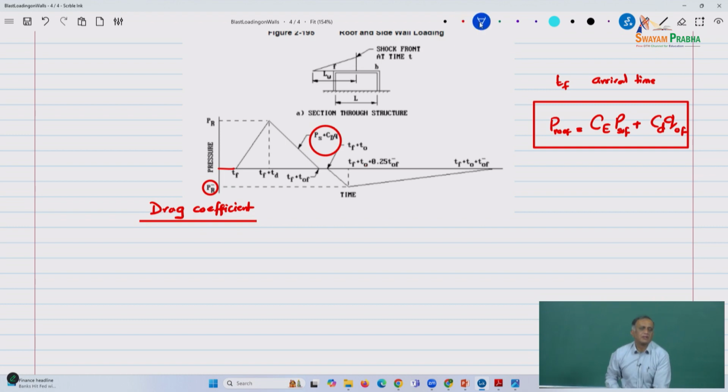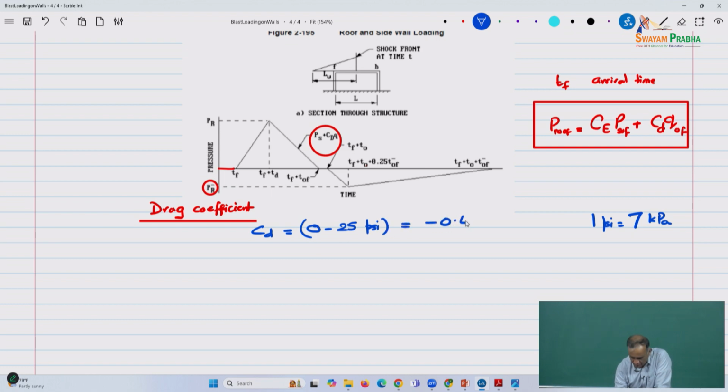You have just one number, but the drag coefficient CD for 0 to 25 psi, again you can convert to kilopascal, roughly 1 psi is how much? 7, right? Seven kilopascals. So the drag coefficient CD for 0 to 25 psi is minus 0.4.